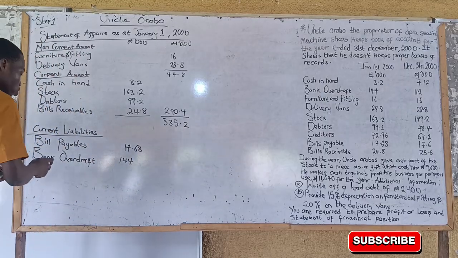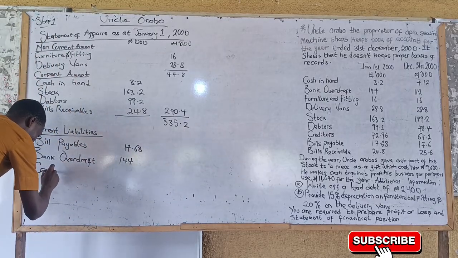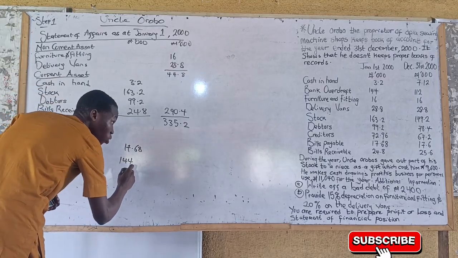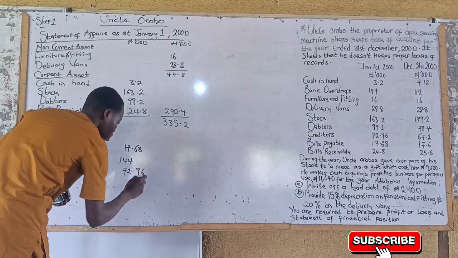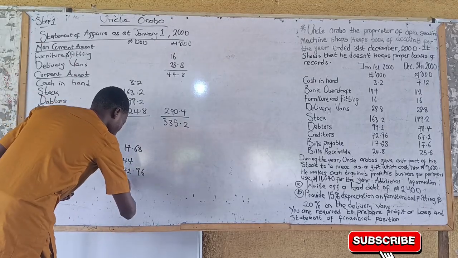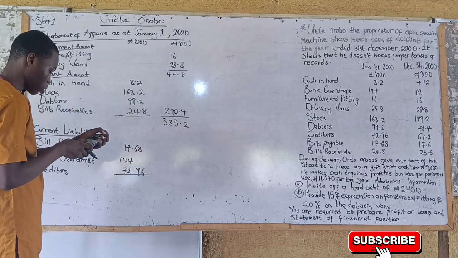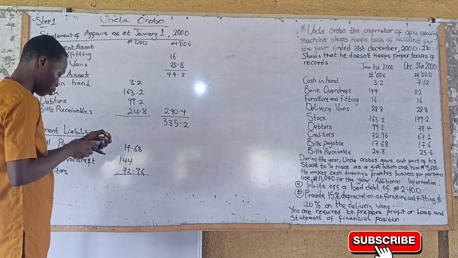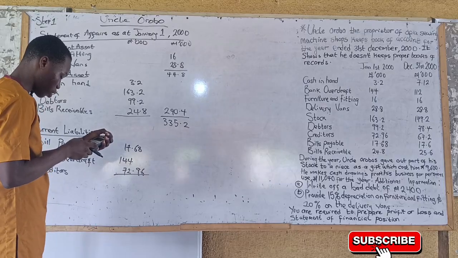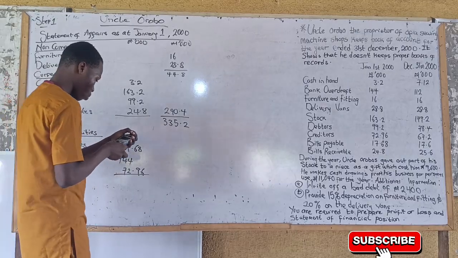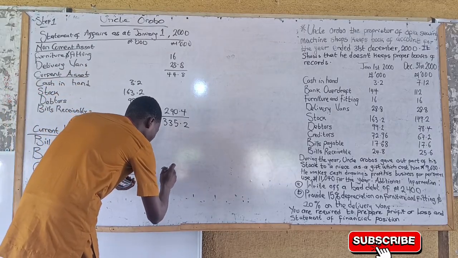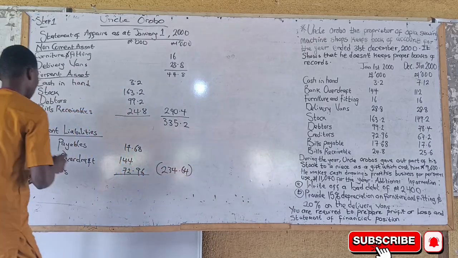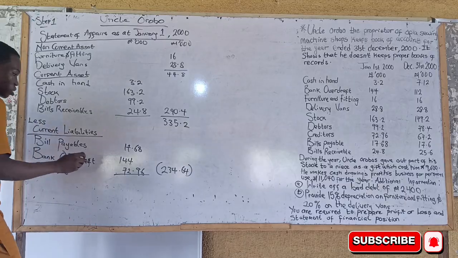Then we have creditors, which is 72.96. That's all. Let's add this up. 17.68 plus 144 plus 72.96. That is 234.64. So you can see that bracket, this simply means we are going to less it.